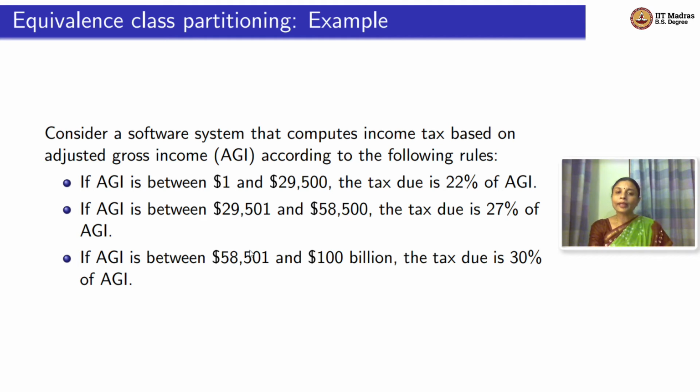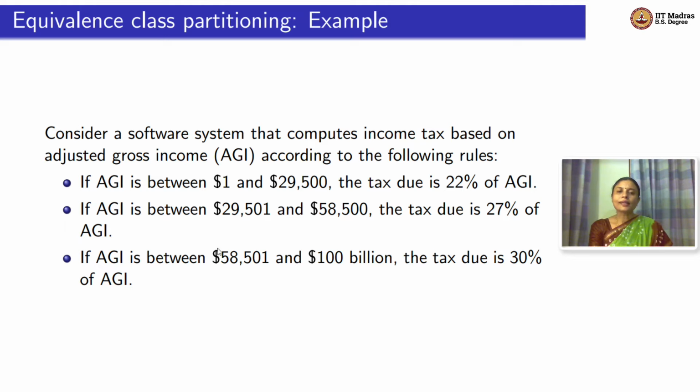And again, by giving it a set of inputs that fall in the third tax slab, which is a generous slab. And see whether the program computes the percentage of tax to be paid correctly, right? And you see they are mutually exclusive. If I give an input in the first slab, it's not going to come into the second slab. And similarly, if I give a test case in the second slab of AGI, it's not going to come in the third slab, and so on.